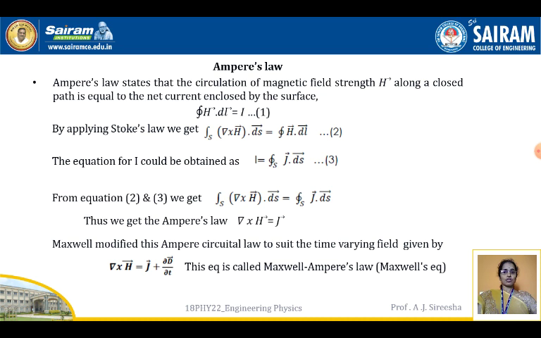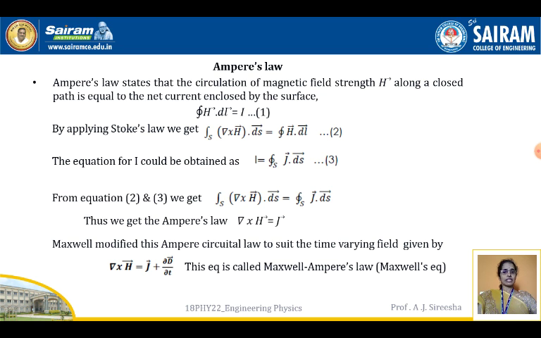By applying Stokes law, we get the integral of del cross H ds is equal to the integral of H dot dl, because Stokes law gives the relation between the surface integral and the line integral. So from 1 and 2, I can be written as the integral of J dot ds, because current density is current per unit area.